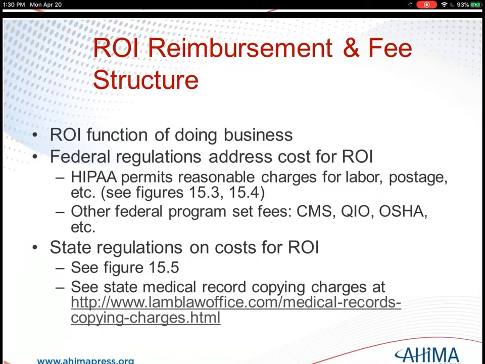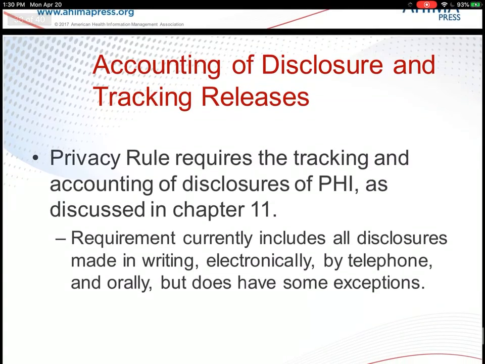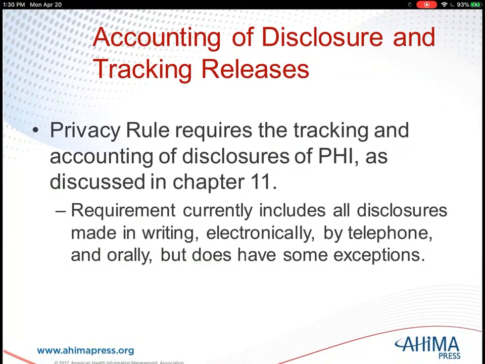If we flip over to page 374, we get into our accounting of disclosures and tracking releases. So again, we've talked about accounting of disclosures. Privacy rule requires that tracking and accounting of disclosures. It currently includes all the disclosures made in writing, electronically, by telephone, and orally, except, of course, if it was an exception, as we talked about in Chapter 11.